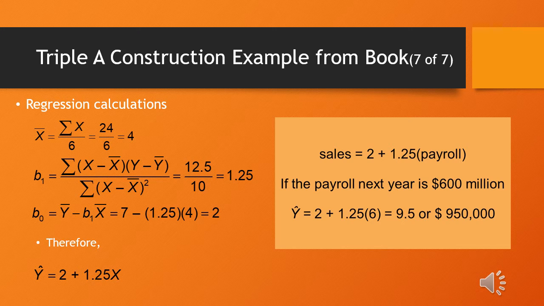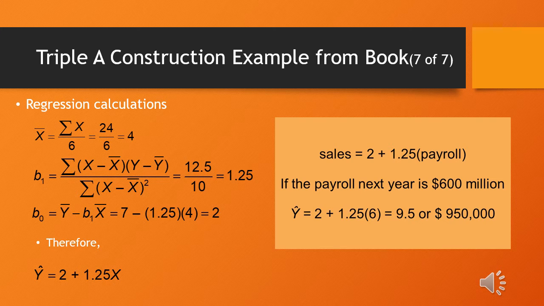or $950,000. So really, one of the purposes of regression is to understand the relationship among variables. This model tells us that each time the payroll increases by 100 million, which is represented by x, we would expect the sales to increase by 125,000 since our b1 was 1.25.